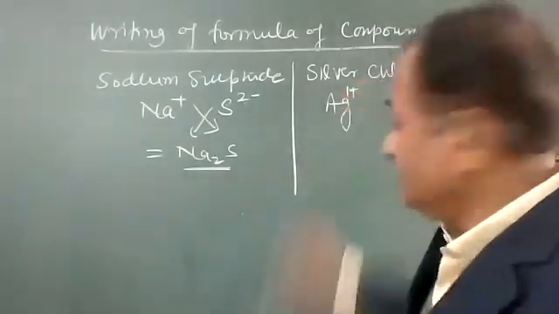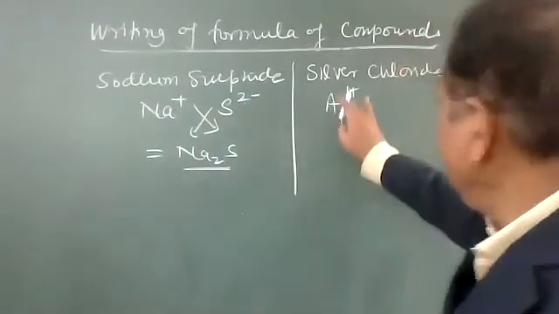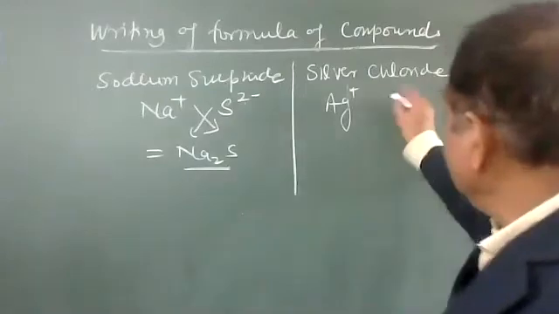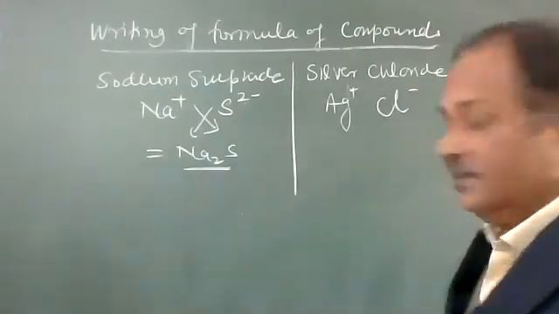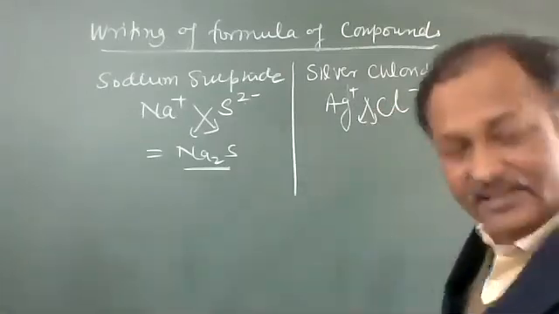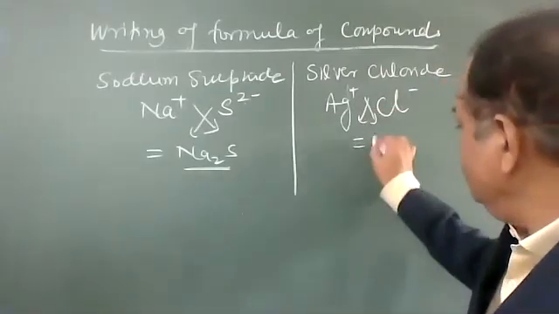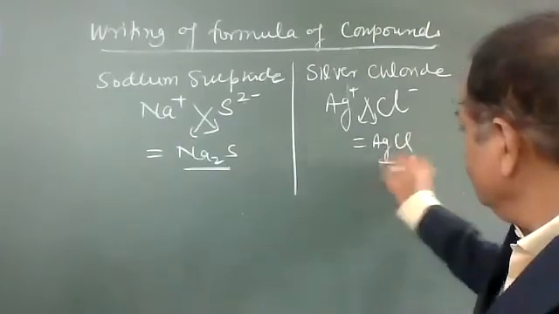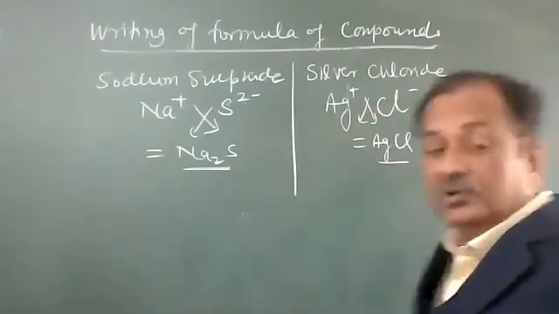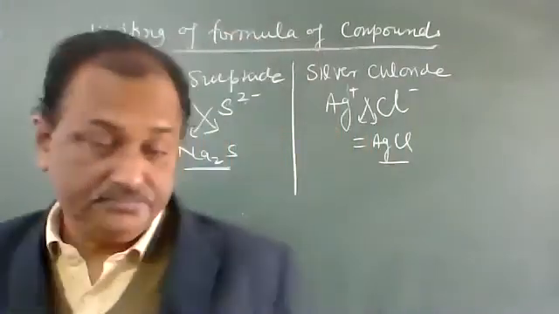We don't write it like that. This is wrong. Simply we mark the plus sign. Then chloride like this. Crisscross the charges, exchange the charges. So it will be AgCl. You know, both are equal, so overall charge is 0.